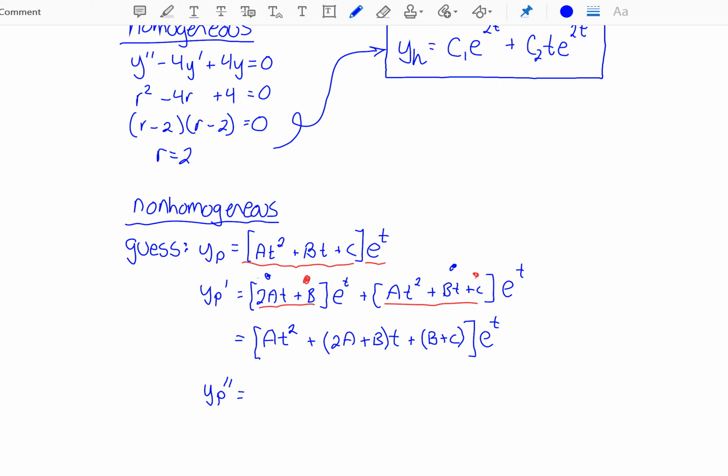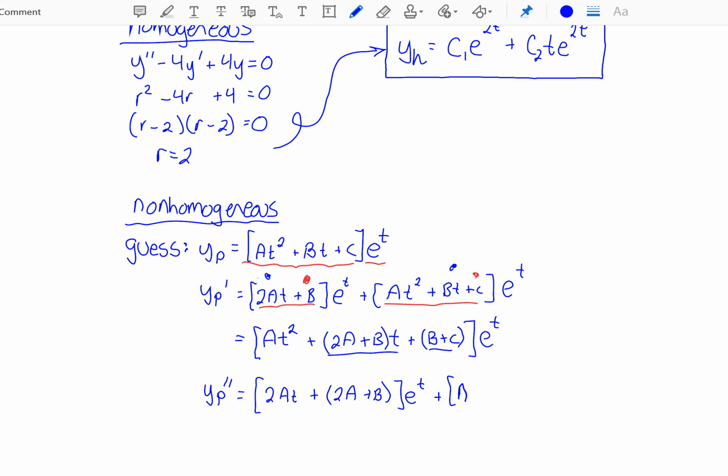Now let's find our second derivative. Again, we got to use the product rule. So the derivative of the first is 2at plus, and the derivative of all of this, again, this is something times t, so it's just your coefficient. And the derivative of a constant term, this last one is 0, so that goes away, times e to the t, plus by the product rule, the derivative of the second times the first.